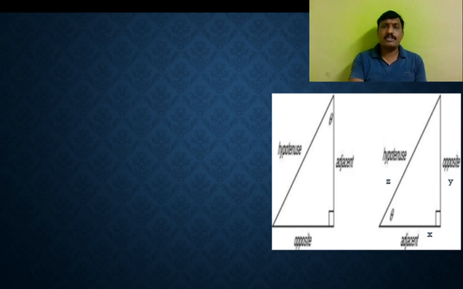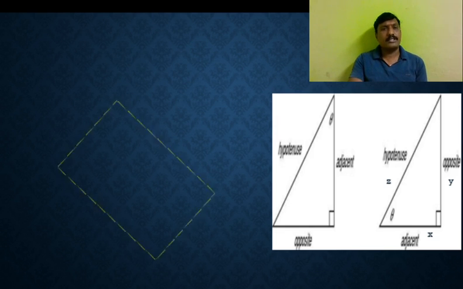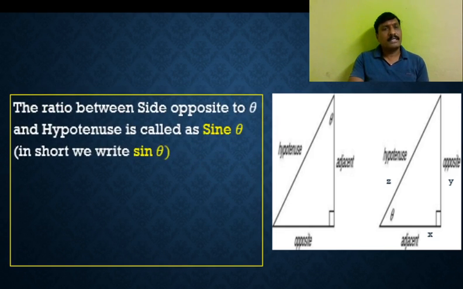Now the ratio is defined like this. You can see, children, coming to the ratio: if I take the ratio between the side opposite to theta and the hypotenuse, for example, here this number is 3 and this is 5.